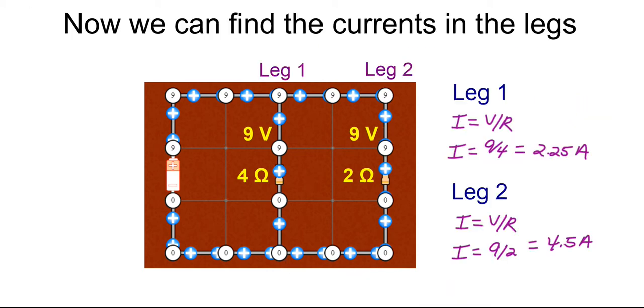There you go. Now, we can do I equals V over R calculations for each leg, can't we? Leg 1, I equals 9 divided by the resistance of 4, which is 2.25. Leg 2, its V over R is still 9, the same, isn't it? But here the resistance is 2, so it's 4.5. We have more current here.